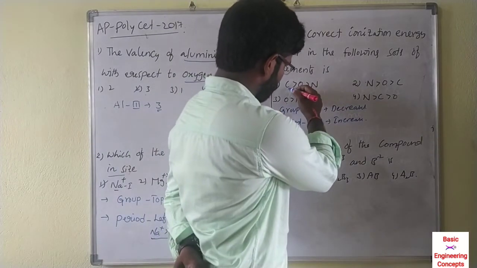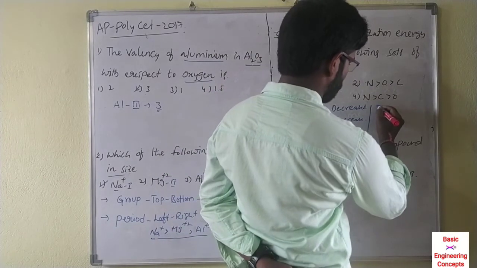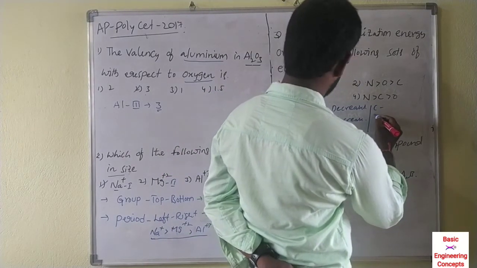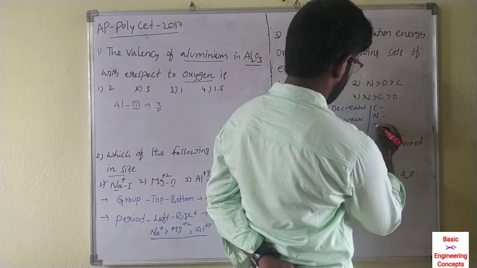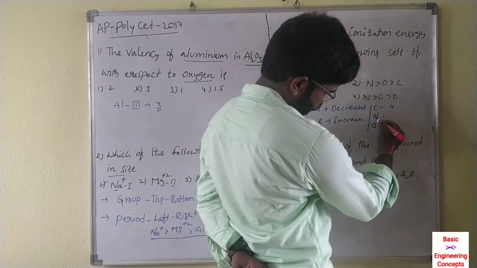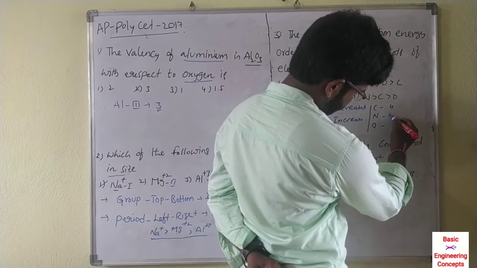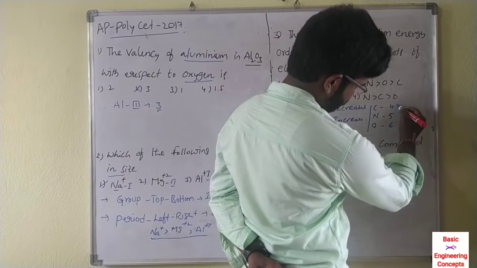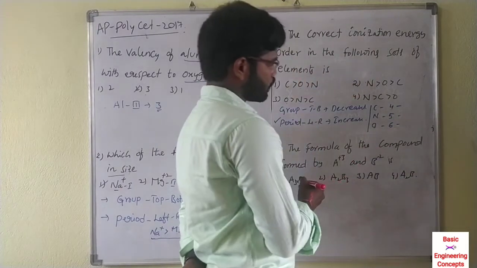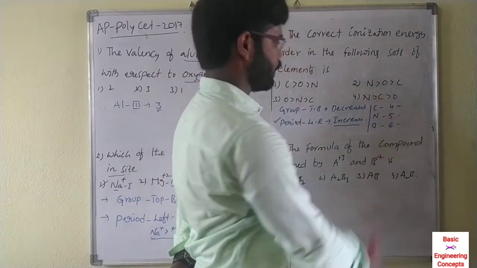For example, carbon, nitrogen and oxygen. Carbon is the fourth group element, nitrogen is the fifth group, oxygen is the sixth group. So in a period, ionization energy increases from left to right.